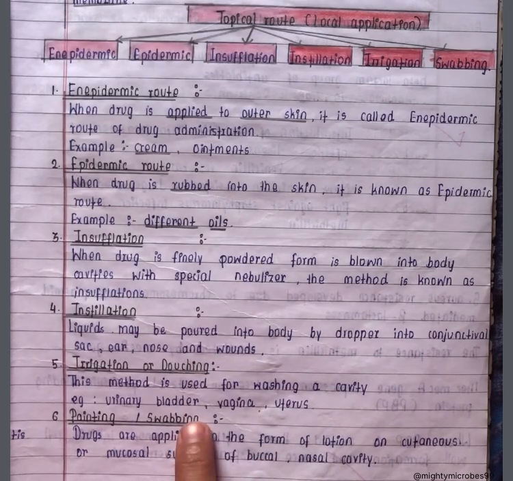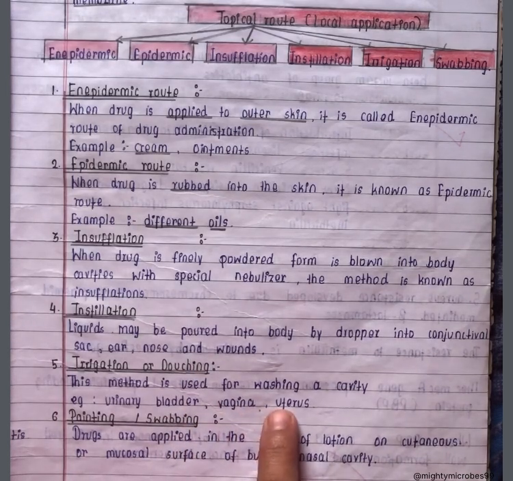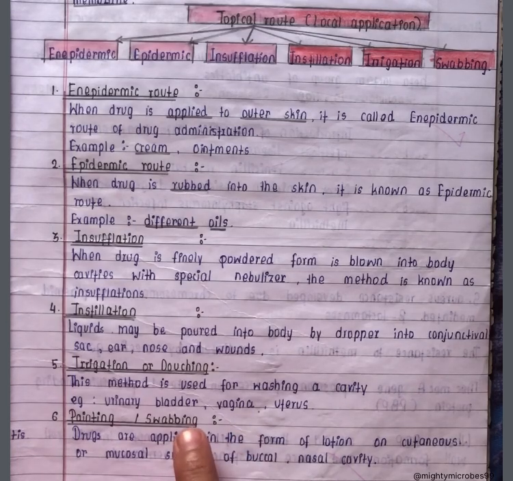The next is irrigation. This method is used for washing a cavity, for example the urinary bladder, vagina and uterus. And the last one is painting, that is swabbing, where the drug is applied in the form of lotion on the cutaneous or mucosal surface of the buccal or nasal cavity.